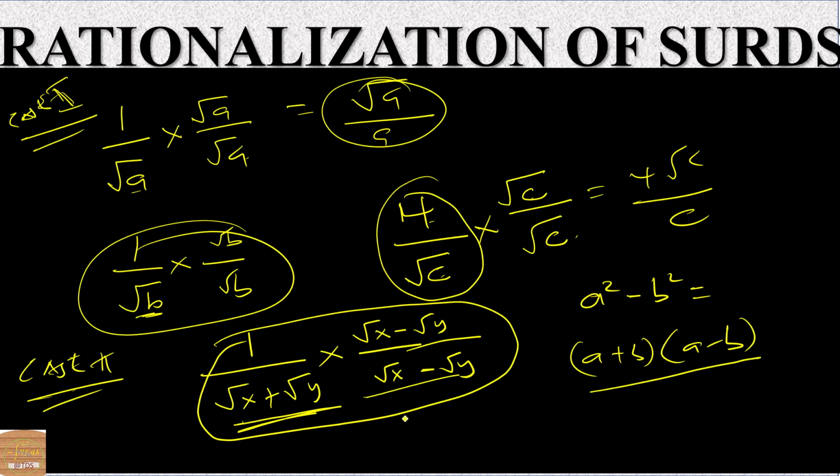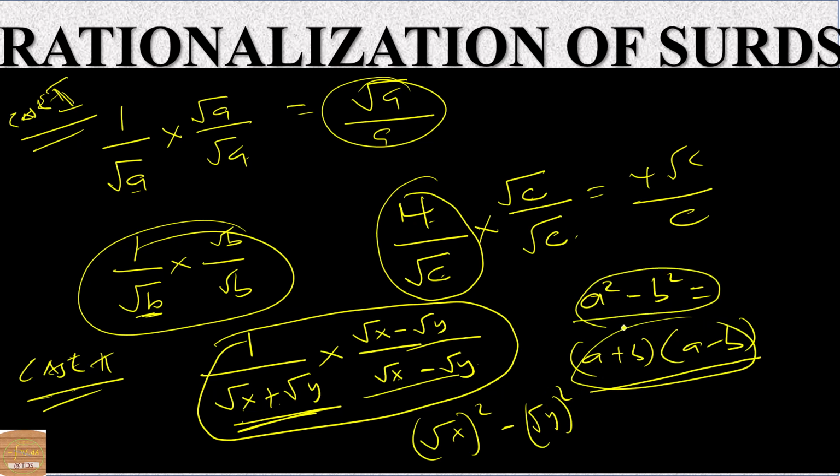So we have root x plus root y times root x minus root y, which is the same as root x all squared minus root y all squared. So let's solve examples, and I'll throw more light on this when we get there.